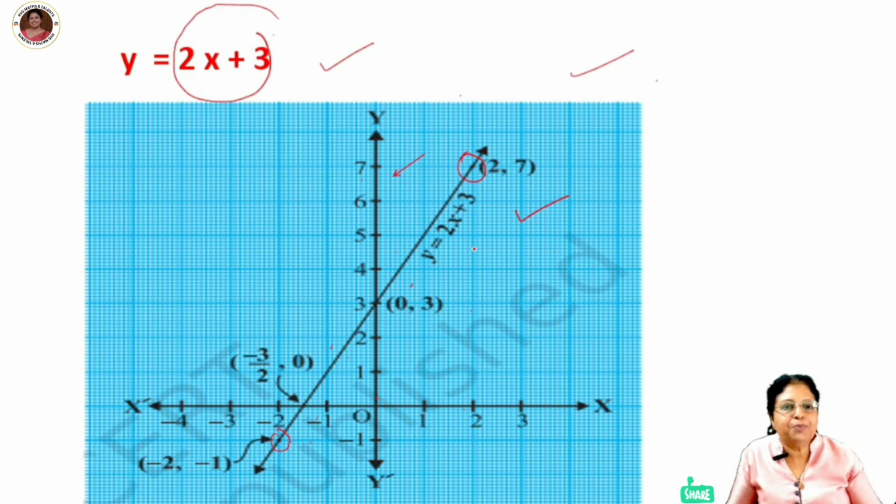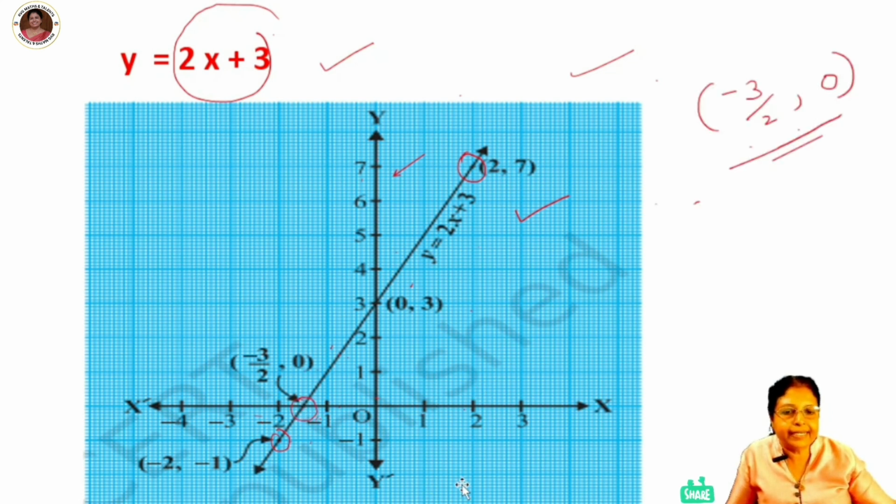See, you just observe this graph. This line intersects the x-axis at this point. What is the coordinate of this point? And already we have seen that the zero of this polynomial 2x plus 3 is minus 3 upon 2.